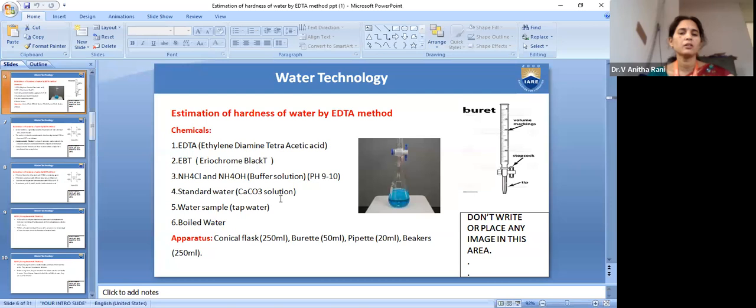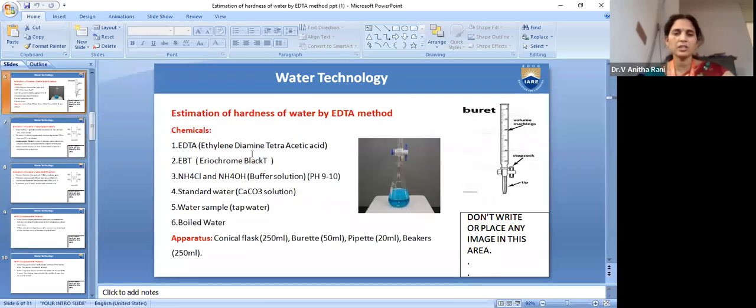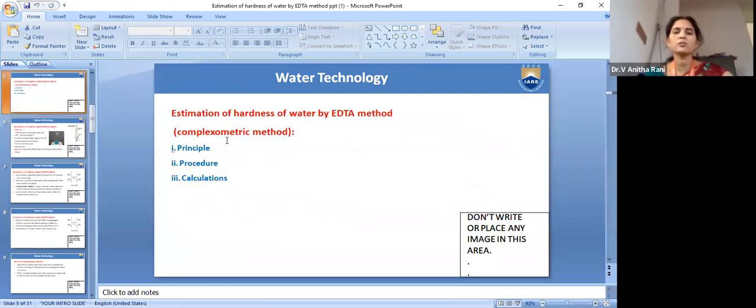So this is needed for us to do this experiment and to find out total hardness, temporary hardness and permanent hardness. Students, it is also known as the complexometric method. Why is it known as the complexometric method?